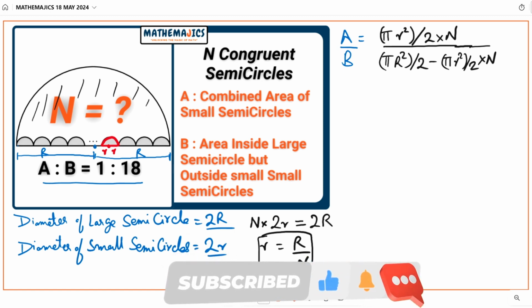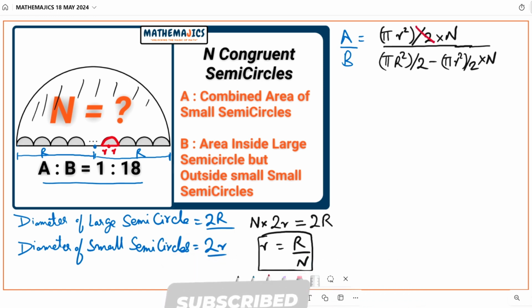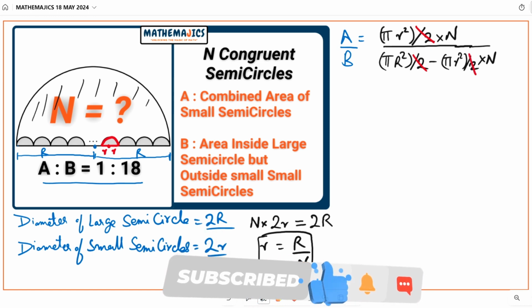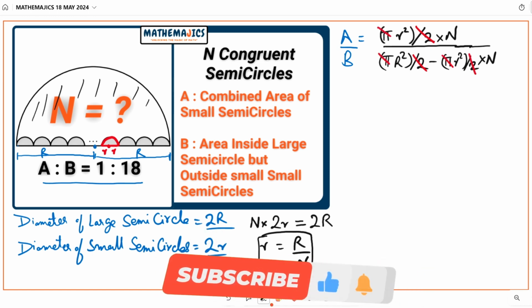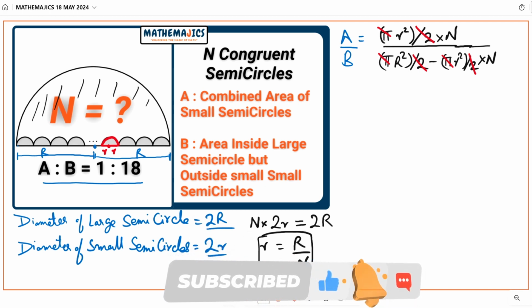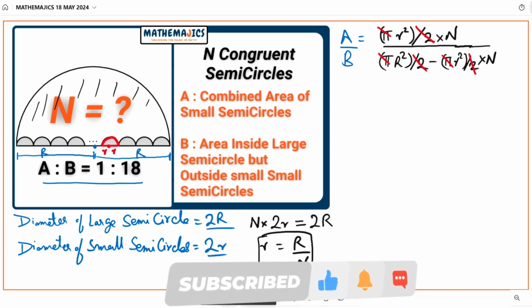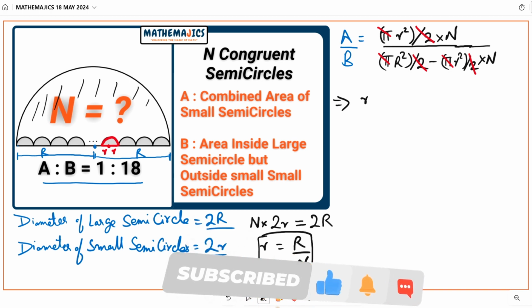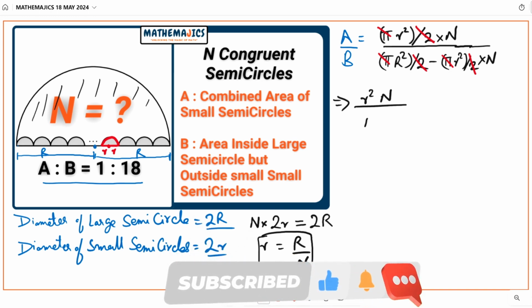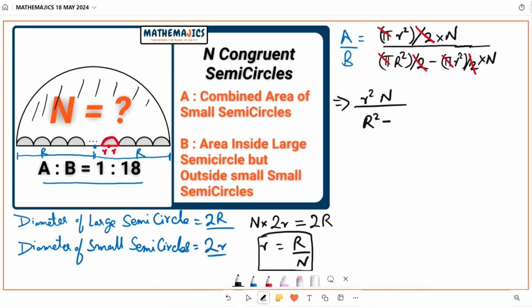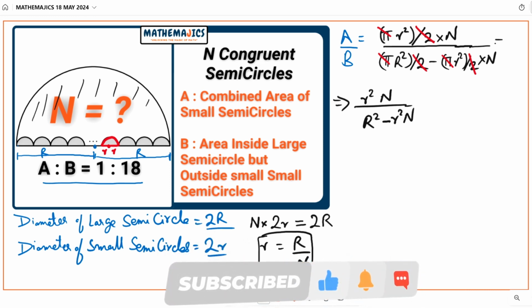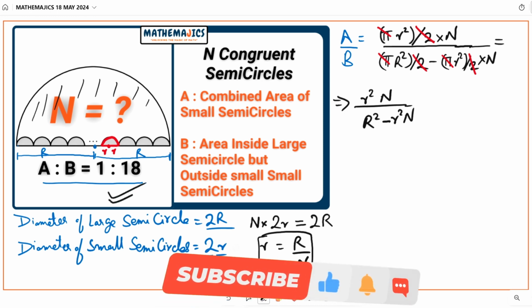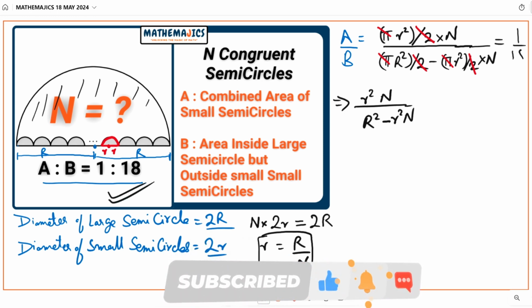The divided by 2 can be taken common and cancelled out. Pi can also be cancelled out. Now we will be left with r square n upon R square minus r square n. This ratio was already given to us, that is 1:18.